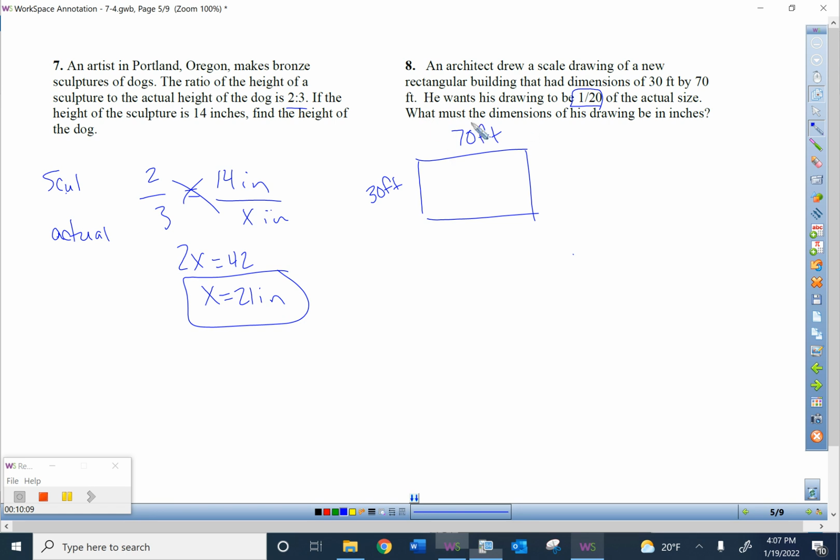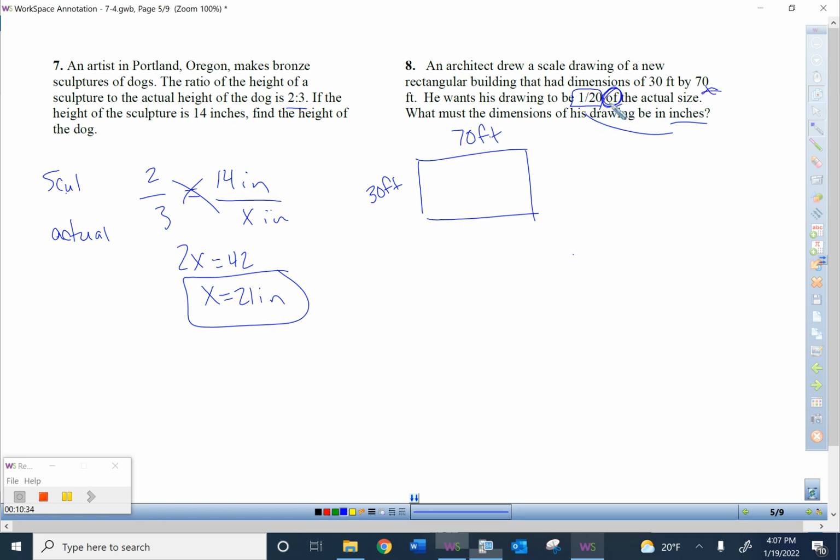But then it says, what must the dimensions of his drawing be in inches? So this just indicates that we have two steps here. First, use the scale to help us find what the drawing would look like, and then take that and convert it to inches. Okay, so step one is this word in math, of means multiply.